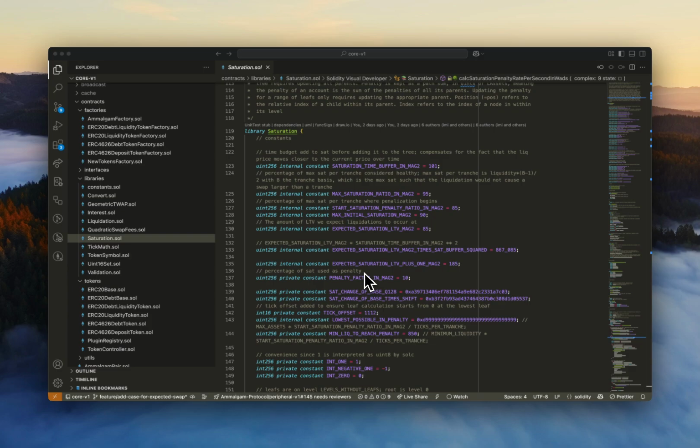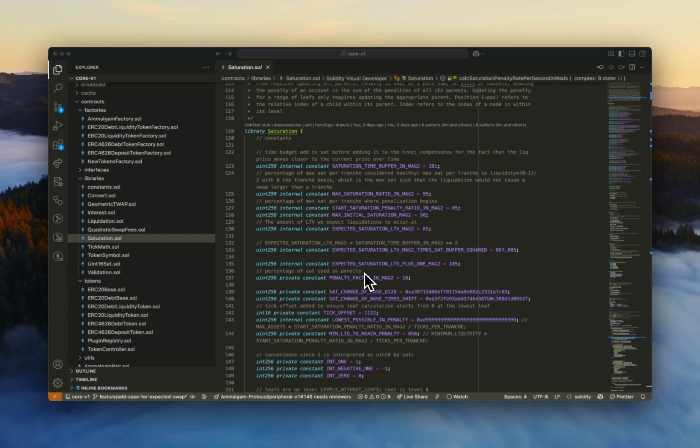Then we put that liquidation into tranches, similar to putting liquidity into Uniswap, but in this case it's actually debts that would get liquidated and where they get liquidated. And then we limit how much can be liquidated in any given tranche by how much reserves are available in the protocol itself.